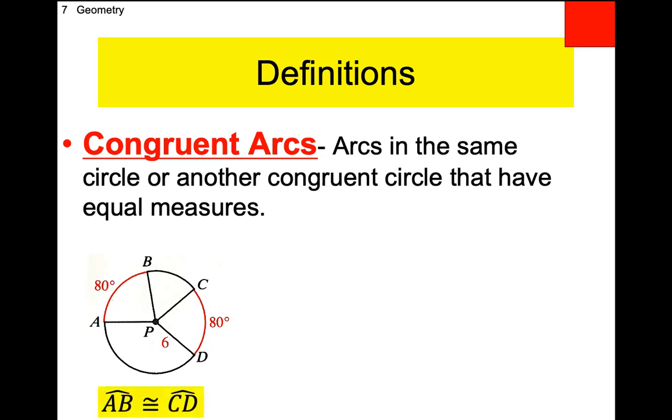But I could also have another circle. Before I say that this 80 is equal to this 80, guess what I have to do? I have to make sure that the radius, and this one is also 6. If it's not 6, it doesn't matter that they're both 80.